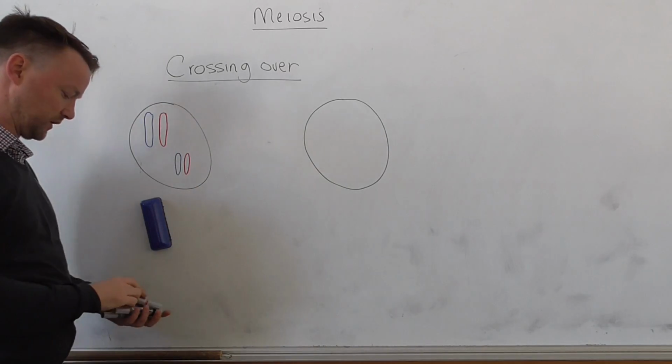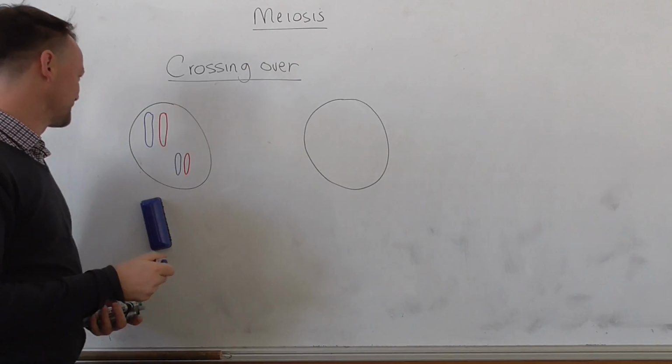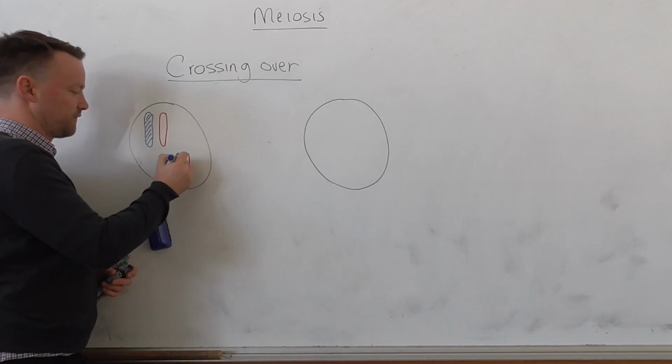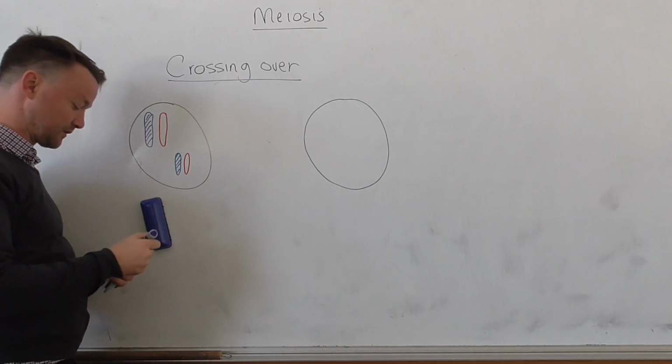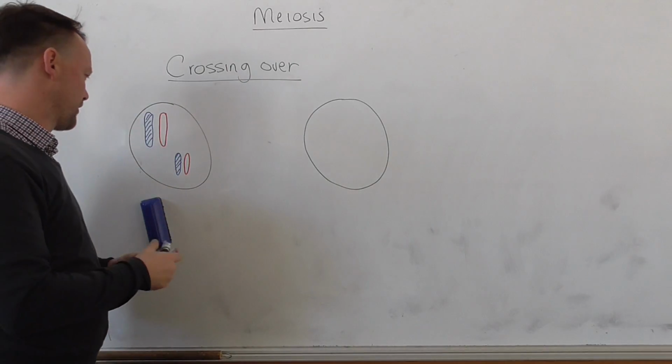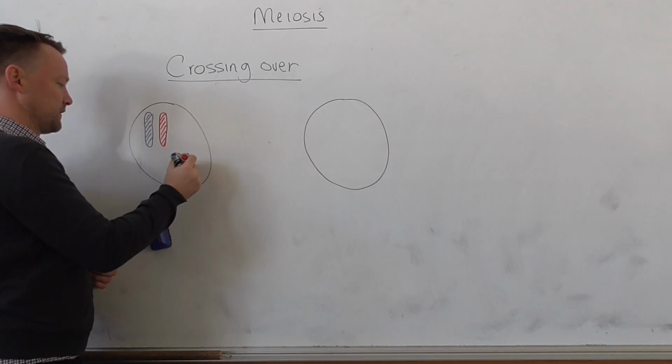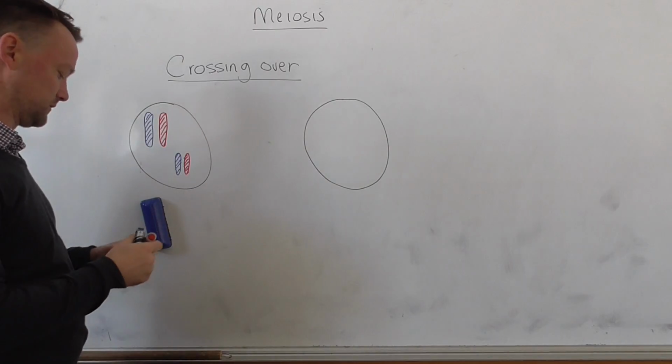So just to be completely non-PC about this, the blue one here is from your father. This is also called paternal, and the red one here is from your mother. So this is your maternal chromosomes.